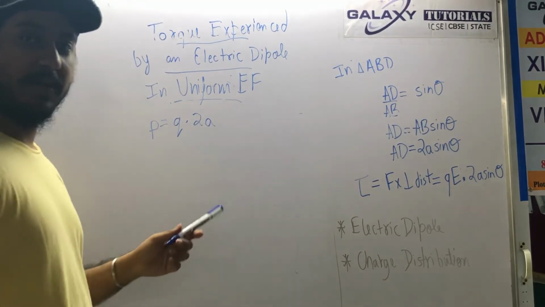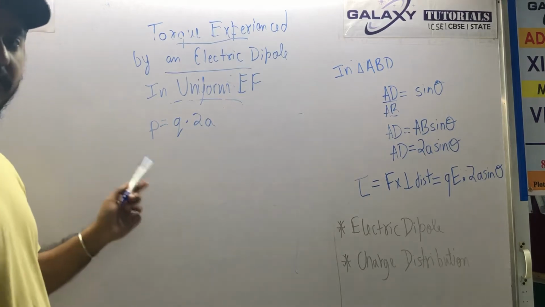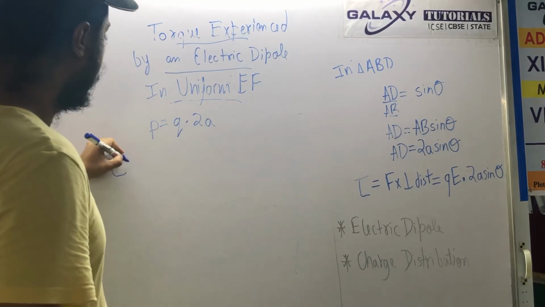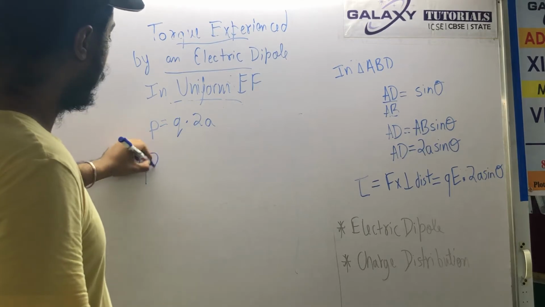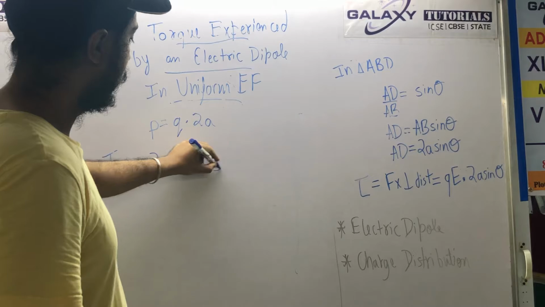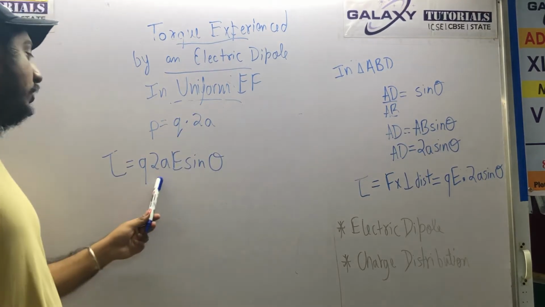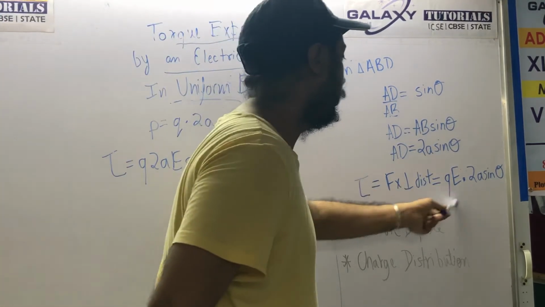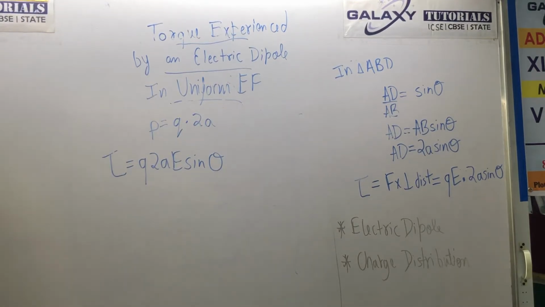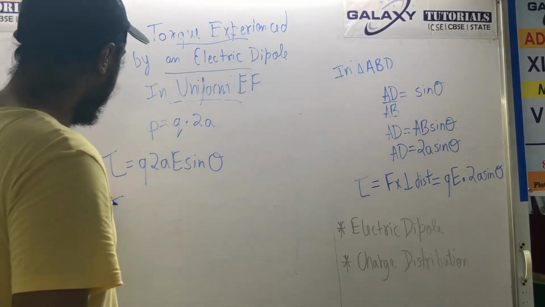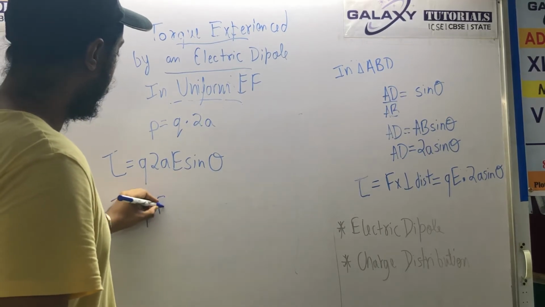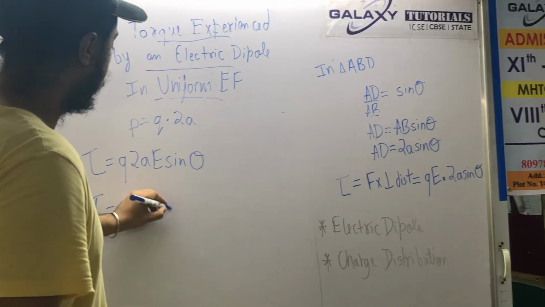We did this a little bit time ago. So what will be torque? Instead of Q into 2A, can I write P? Yes. So I will write it as torque is equal to P E sin theta.